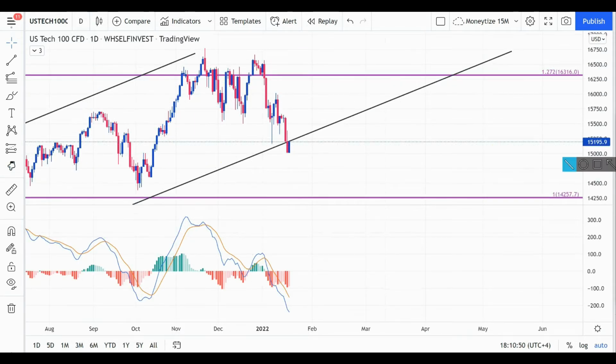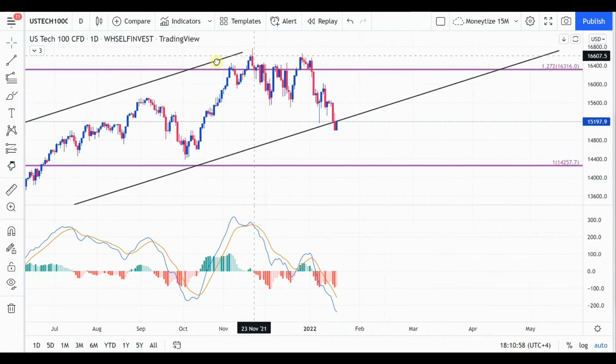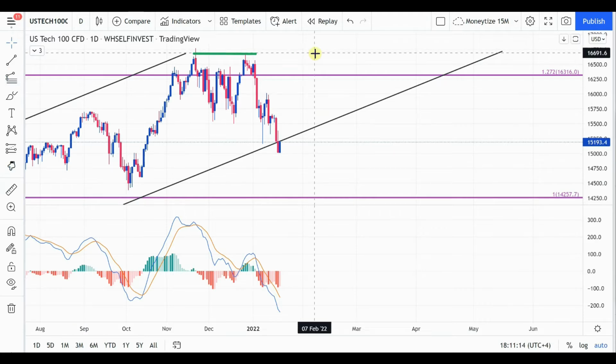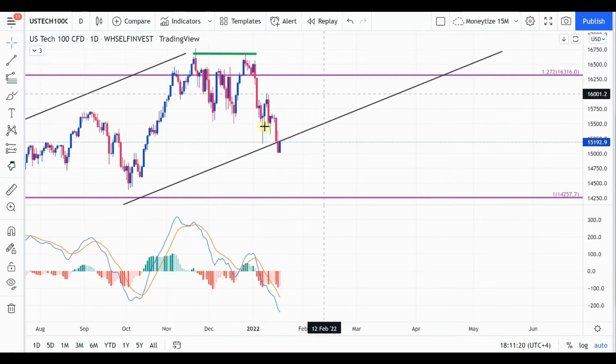On the daily, we got something like a double top. If you want to check the levels, 16,691, to round off, 16,700. So 16,700 has given a double top scenario.